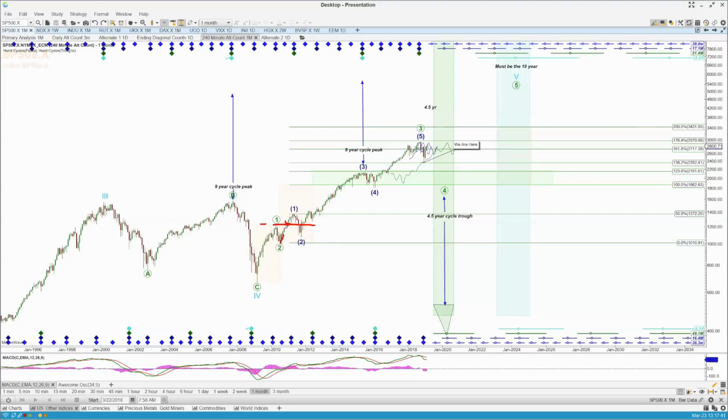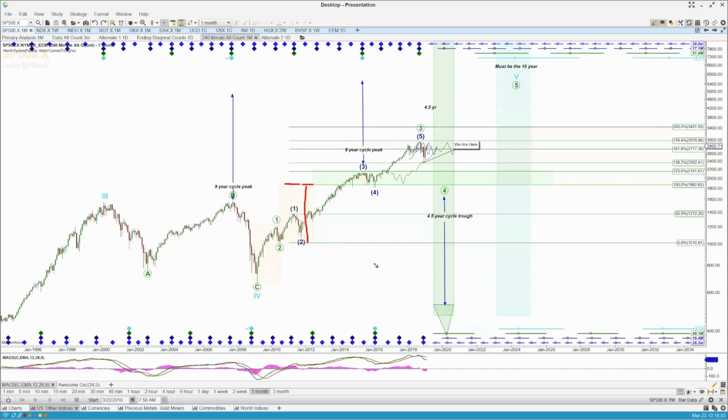Okay, so the next thing you do is you take the box and you duplicate it and you put it on your chart with the bottom of the duplicated box at this low here. And what you're looking for then is the top or the range within this box.